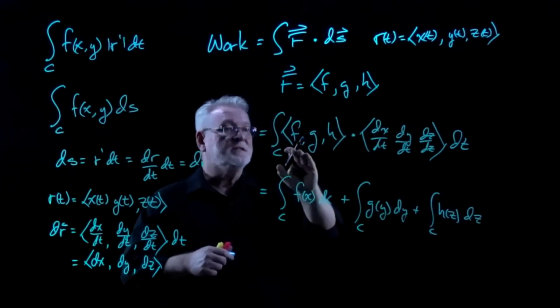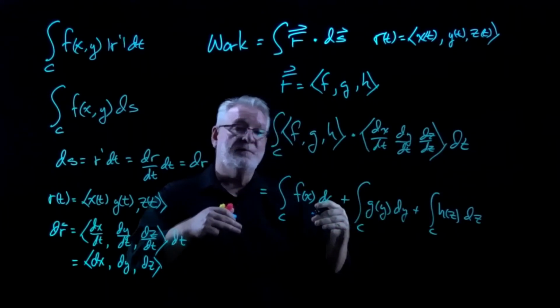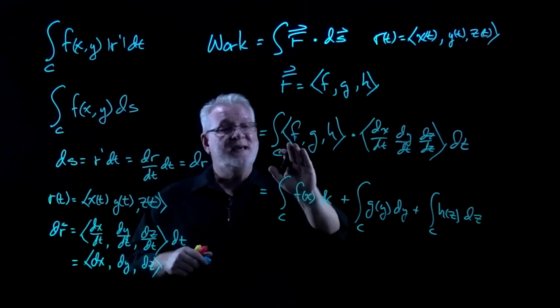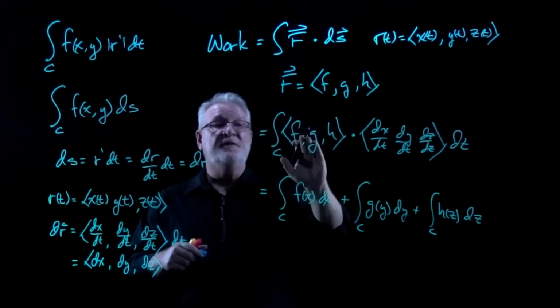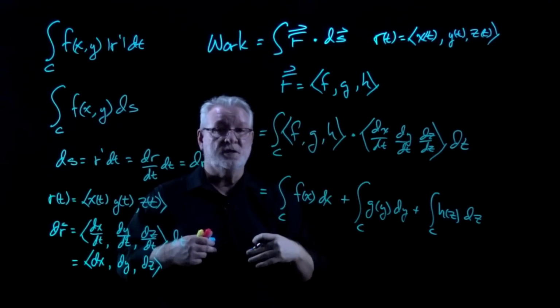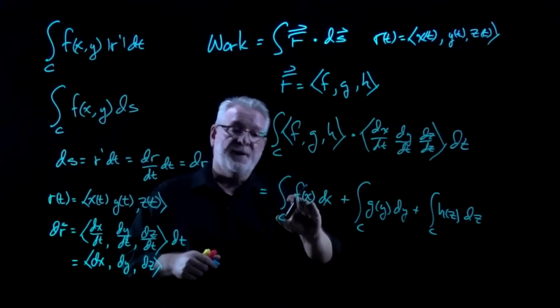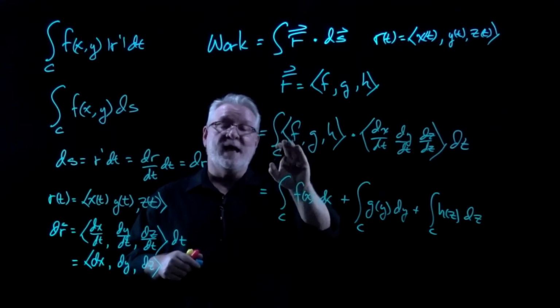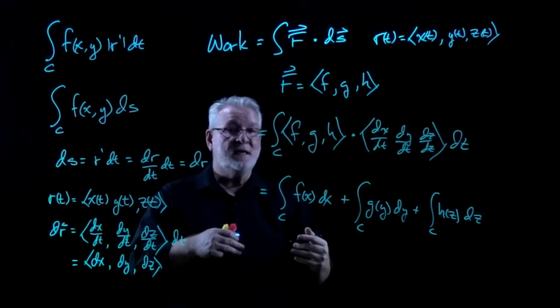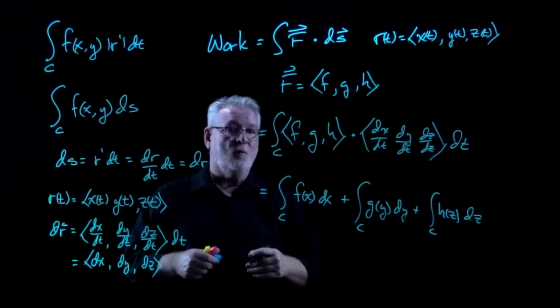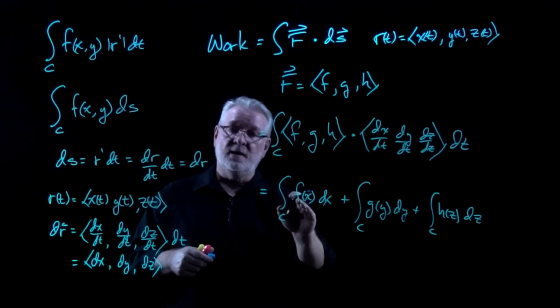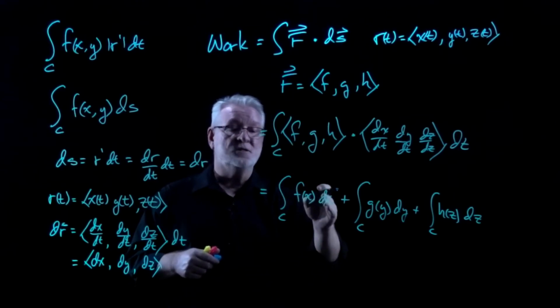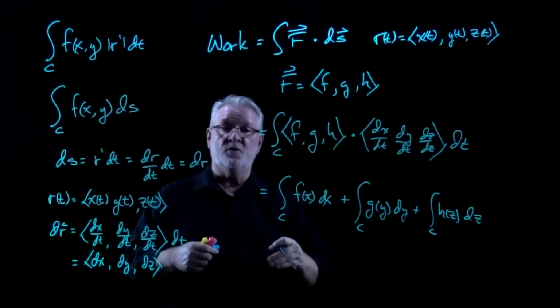The difference is the above integral will be a time integral expressing the function f entirely parameterized so that it's all t's. In the bottom one, I'll still have to do some converting because if f is in reality a function of x, y, and z, I'll have to do some substituting for that y and z because I can't integrate a function of y and z in terms of dx. I can only integrate a function of x.